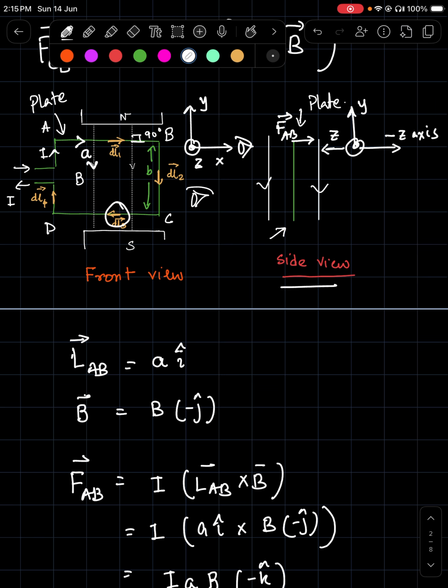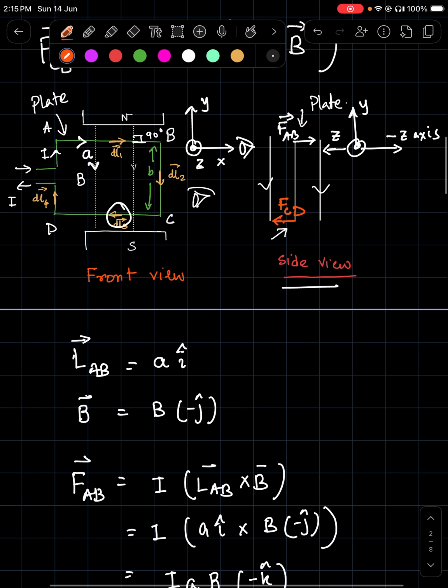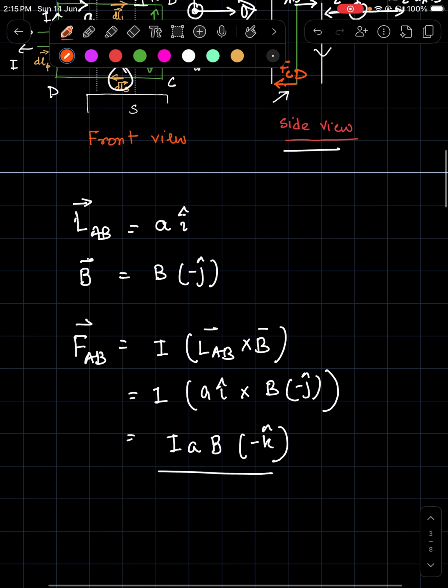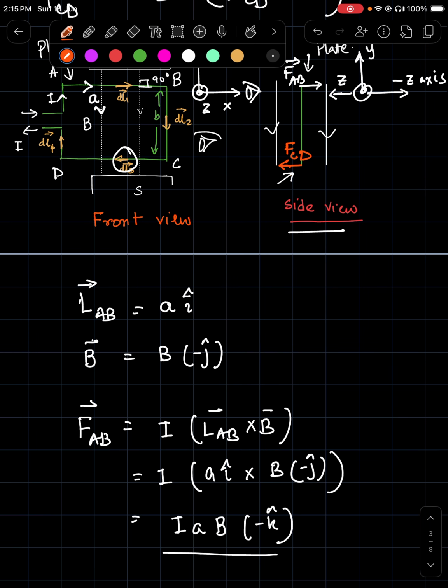With the same magnitude, because the lengths of AB and CD are equal. So here the force is in this direction, along the positive z-axis. So now we are ready. We have found two forces, both having the same magnitude, acting opposite to each other.